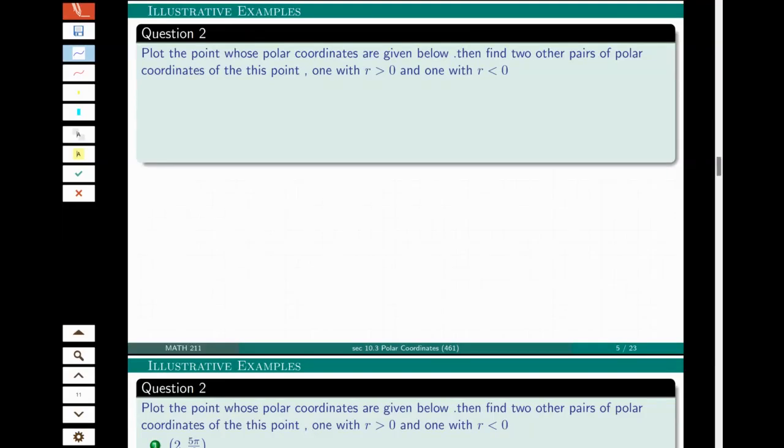Here is a basic question. It says plot the point whose polar coordinates are given below, and find other pairs of polar coordinates for this point, one where r is positive and the second where r is negative. So what is the solution for that one?